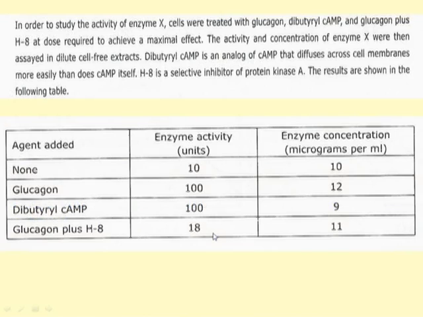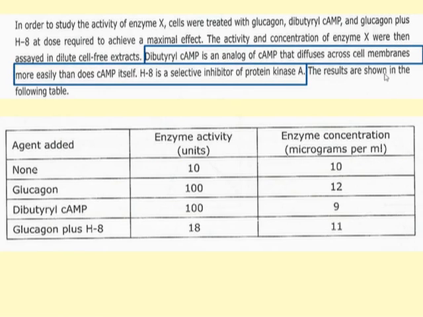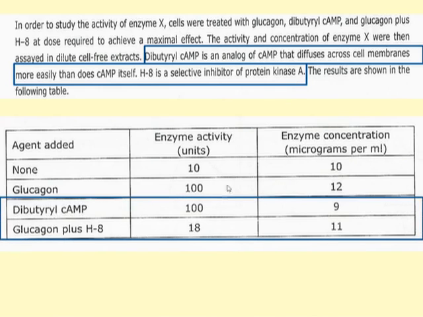So we have to go back to the question a little more and scrutinize it a bit more carefully. We see that dibutyryl cyclic AMP is an analog of cyclic AMP that diffuses across the cell membrane more easily than the cyclic AMP itself. And H8 is a selective inhibitor of protein kinase A. If we see what these two agents do to the enzyme, we find out that dibutyryl cyclic AMP stimulates the enzyme activity, whereas H8 inhibits it.